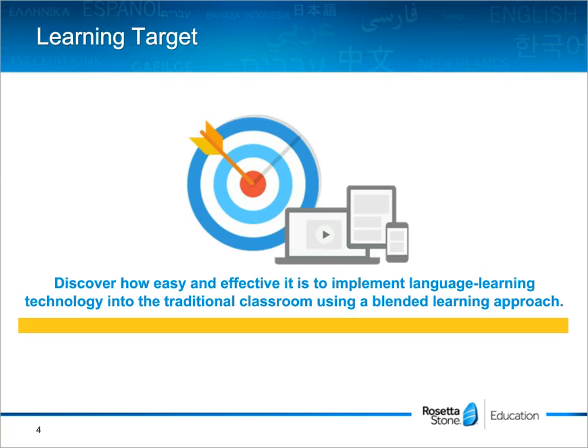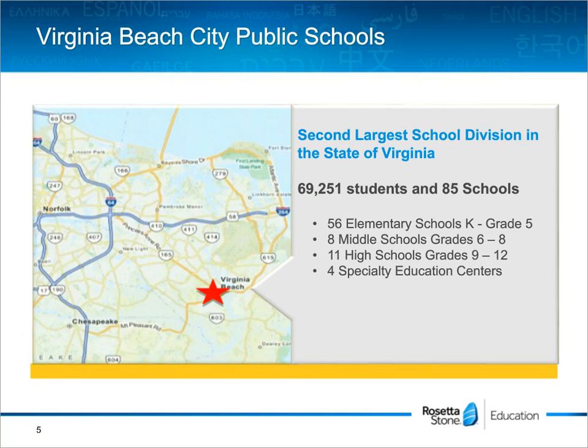So a little bit about me. I teach in Virginia Beach City Public Schools, and I know the slide says that we're the second largest school division in the state of Virginia, but I've found out recently that we're actually the fourth largest school division in Virginia with over 69,000 students.